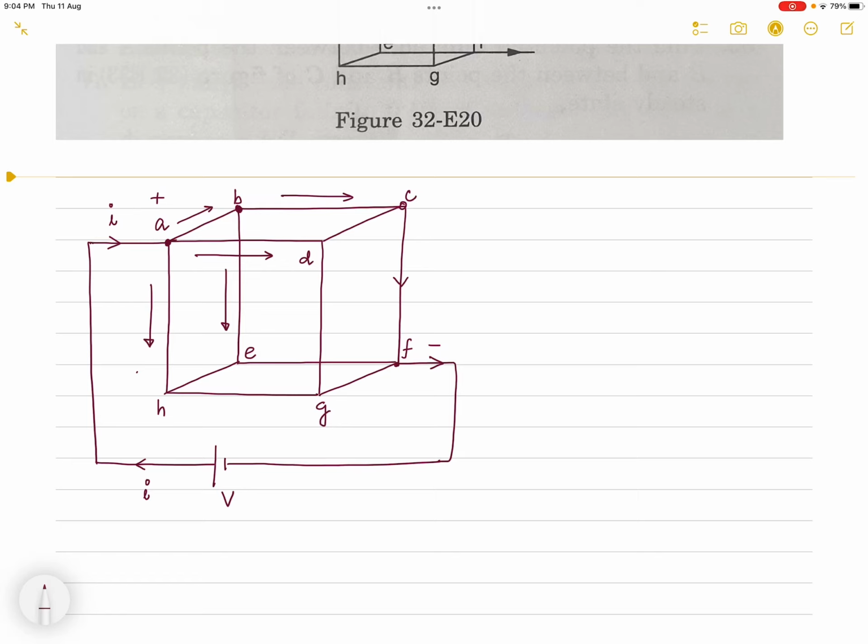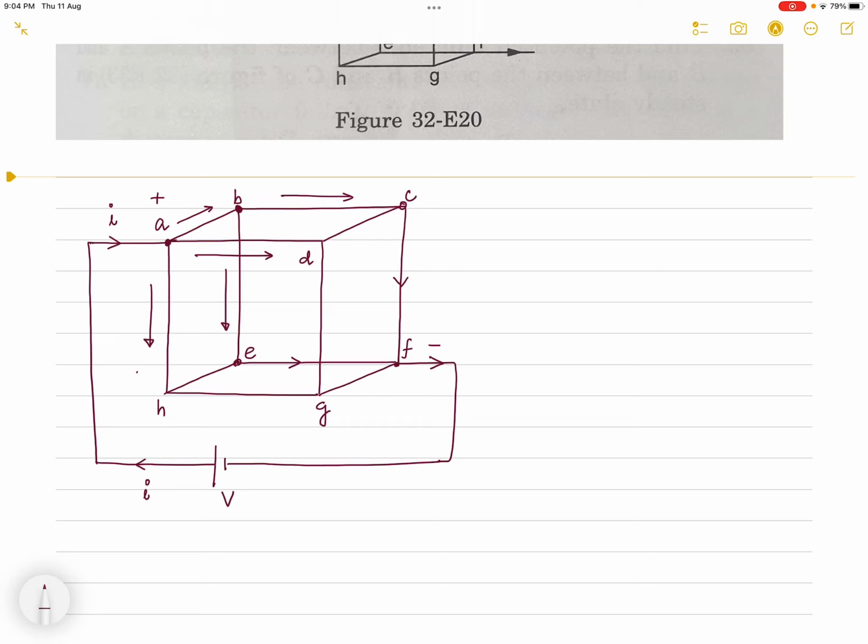The same thing will happen with the current that reaches from the point B to the point E. The current that reaches E will tend to move to the junction F. So essentially the current is getting divided across different junctions and it's moving from A to F.